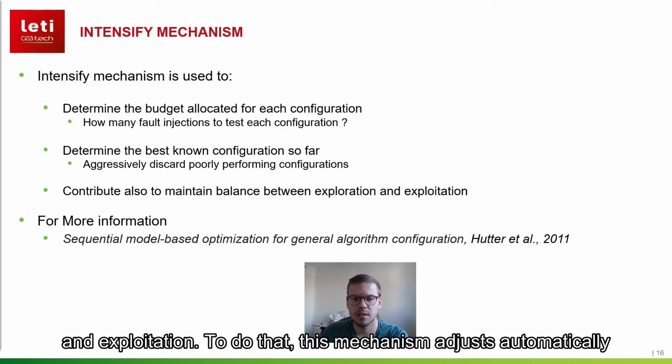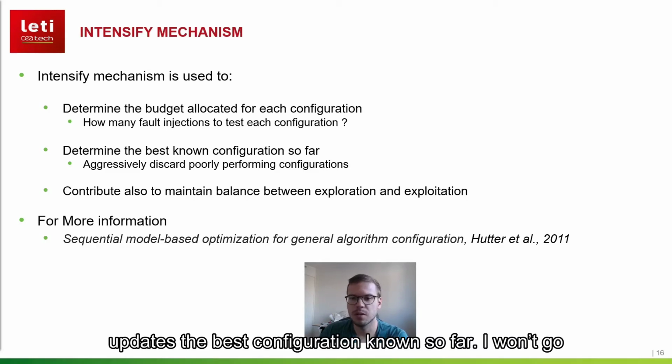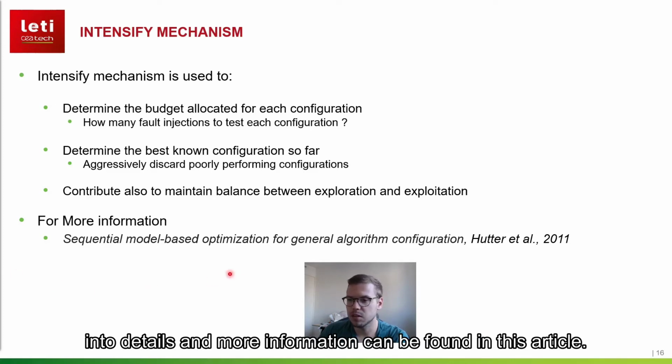To do that, these mechanisms adjust automatically the number of tests for each configuration, and also it updates the best configuration known so far. I won't go into details, and more information can be found in this article.